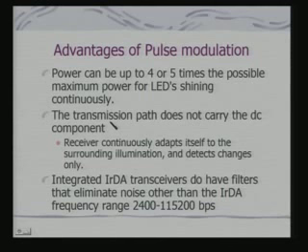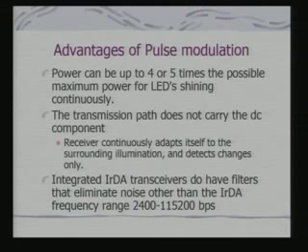At the same time, the transmission does not carry a DC component, so the receiver can continuously adapt itself to the surrounding illumination and detect changes only, because a pulse essentially means a change with respect to the ambient illumination and the noise. It is not a continuous transmission, so you can detect the changes, and that is precisely the reason why this pulse width is used.